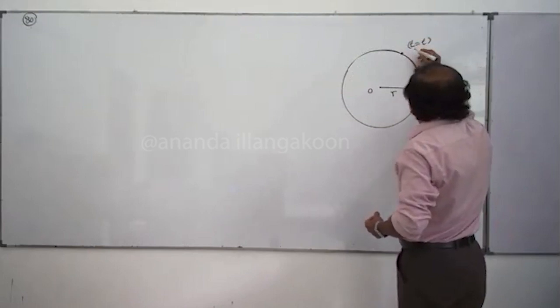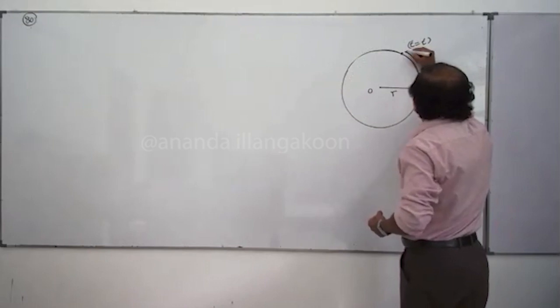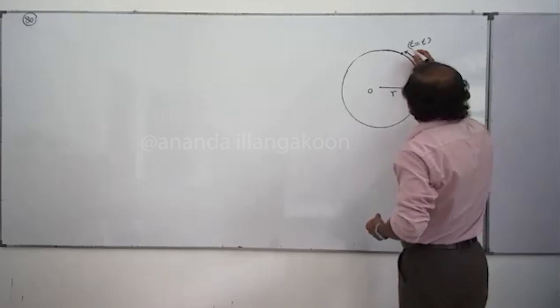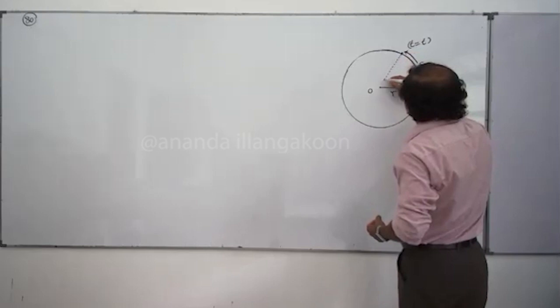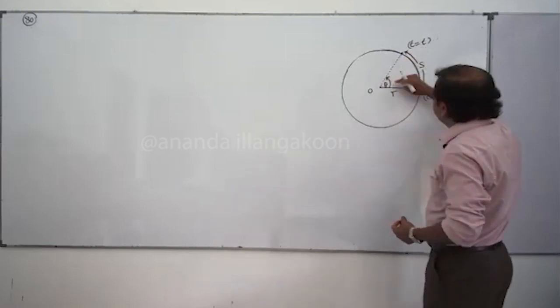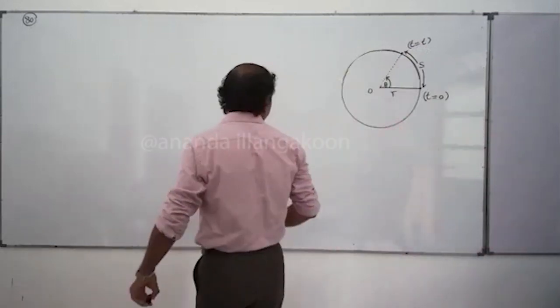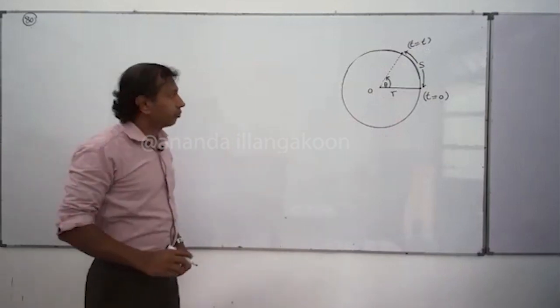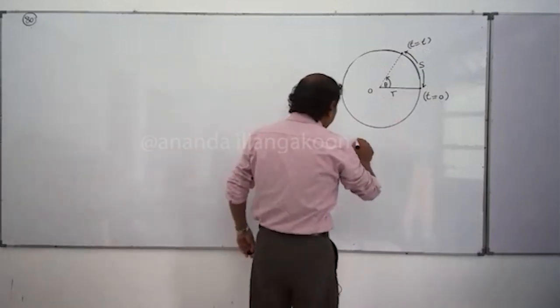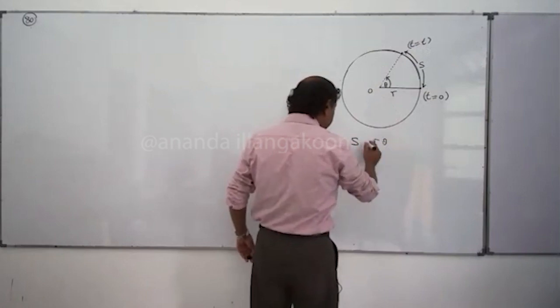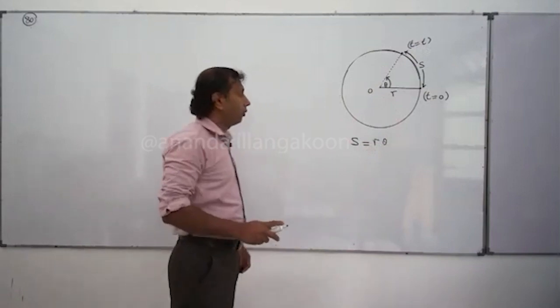Then this is the arc length, suppose s. The angle the particle has turned through at the center is suppose theta. During a time interval t, the angle at the center increased by theta. Then you can write that the arc length is equal to r times theta.